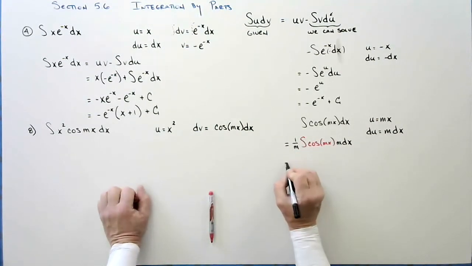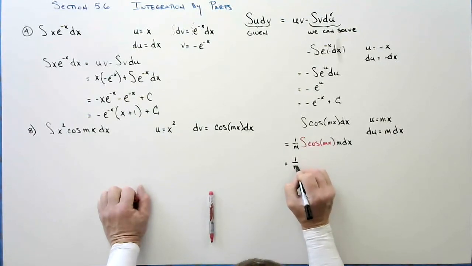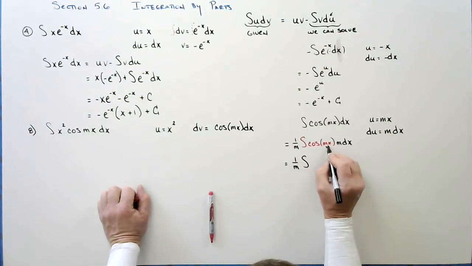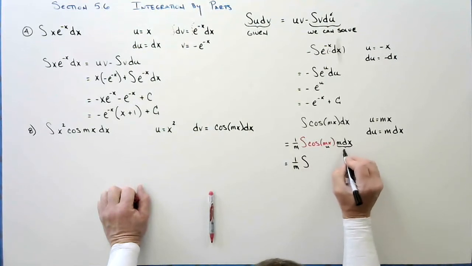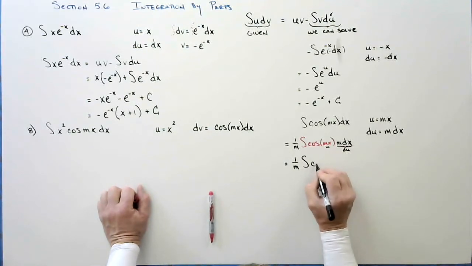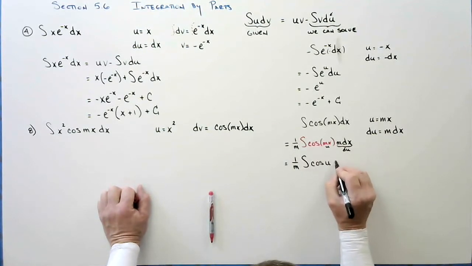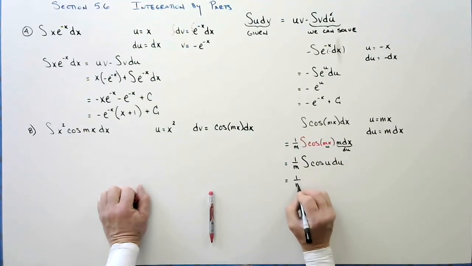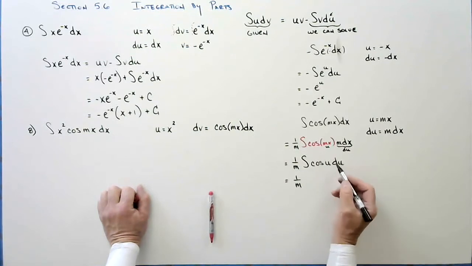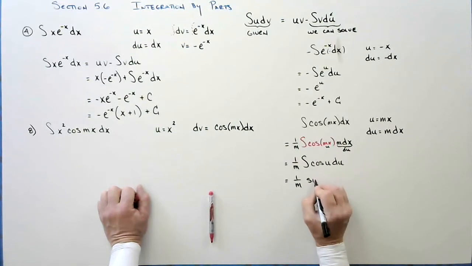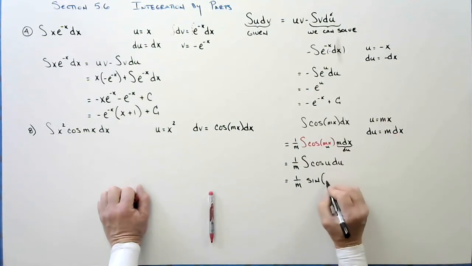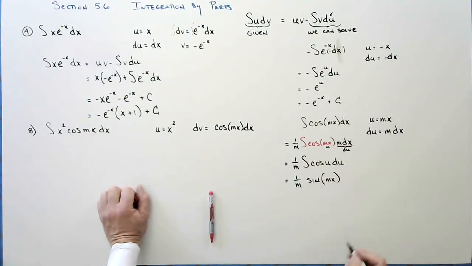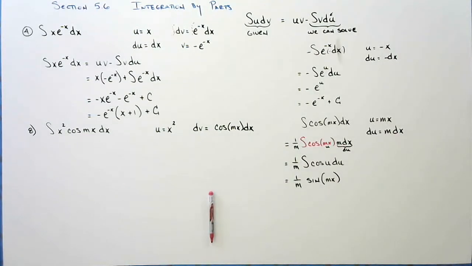Now that allows me to rewrite this as 1 over m, the integral. This is u, this is du, and I have cosine of u du. Well, that becomes 1 over m. The integral of cosine u is sine u, which is mx. And so our integral of cosine mx turns out to be 1 over m sine mx.